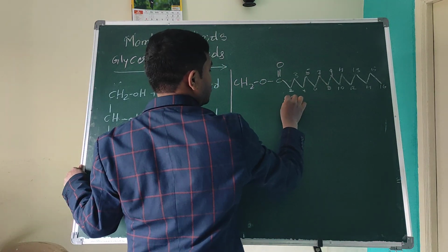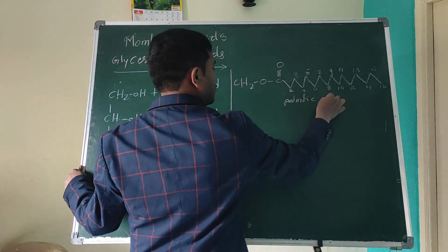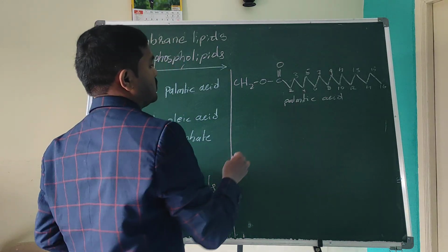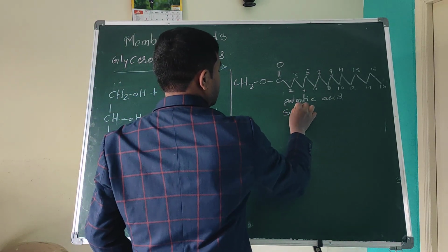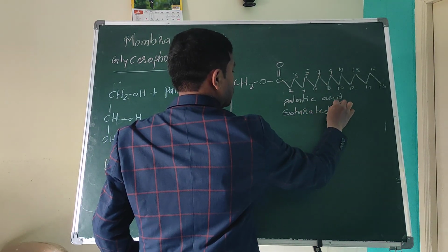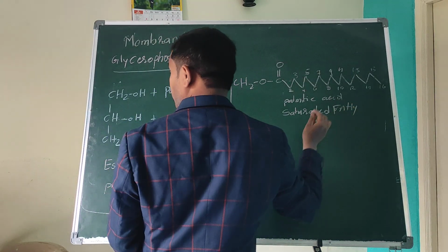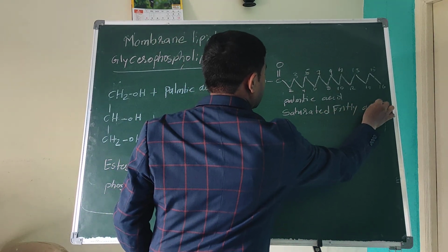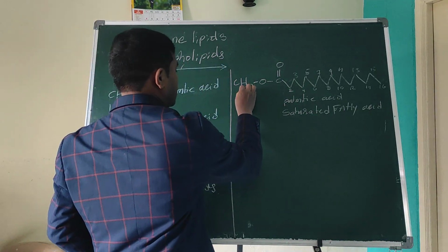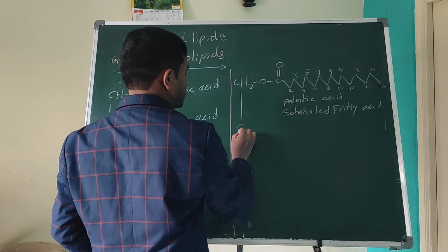Palmitic acid is a saturated fatty acid. This aliphatic chain in the glycerol may be saturated or unsaturated.